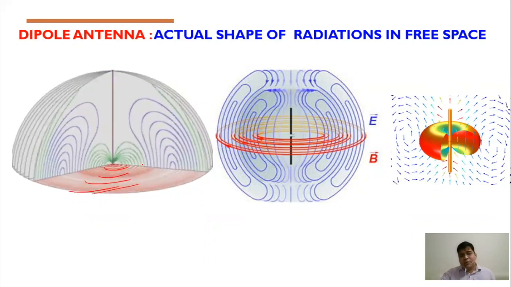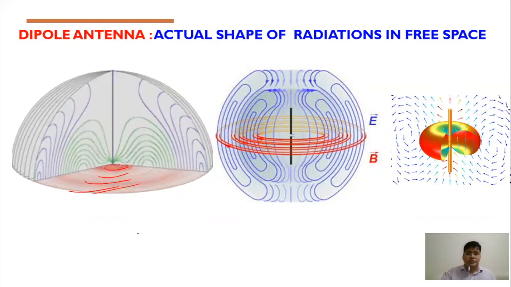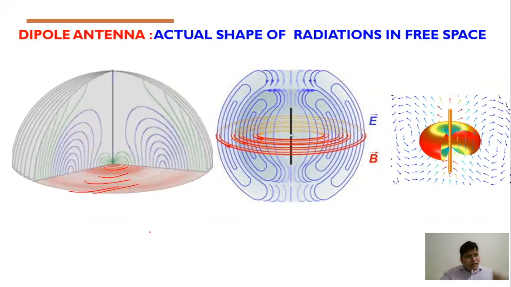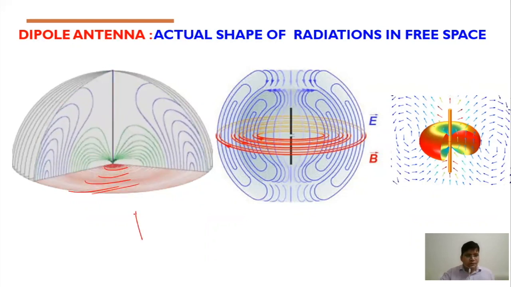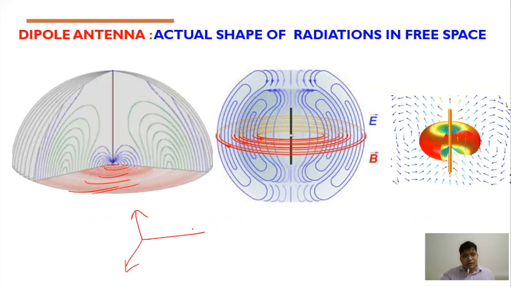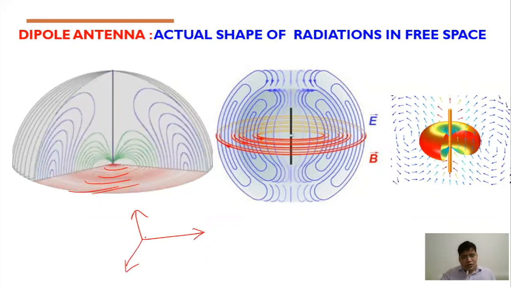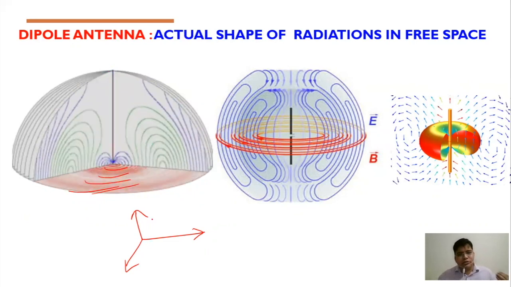At each point, electric field and magnetic field are orthogonal to each other, and they are orthogonal to the direction of propagation. So suppose this is the E field and this is the H field, then that would be the direction of propagation. So all three are orthogonal to each other.